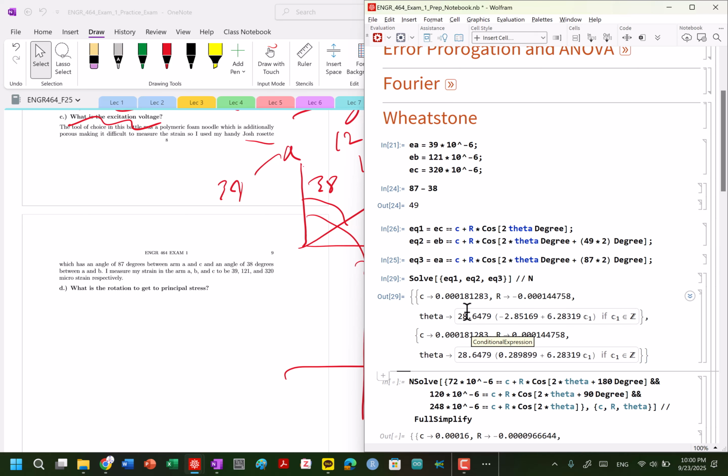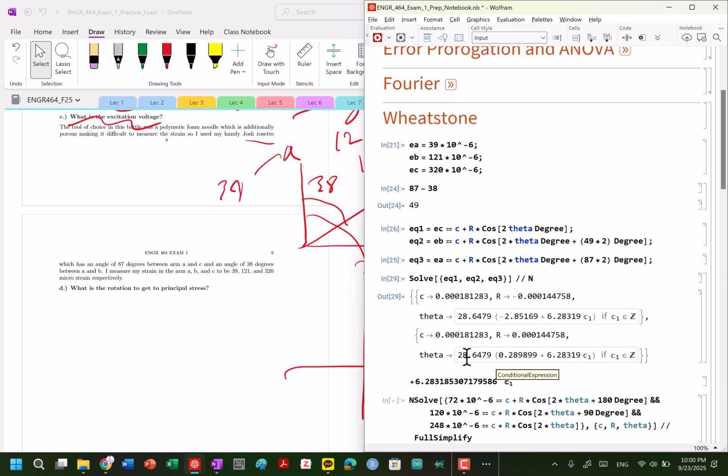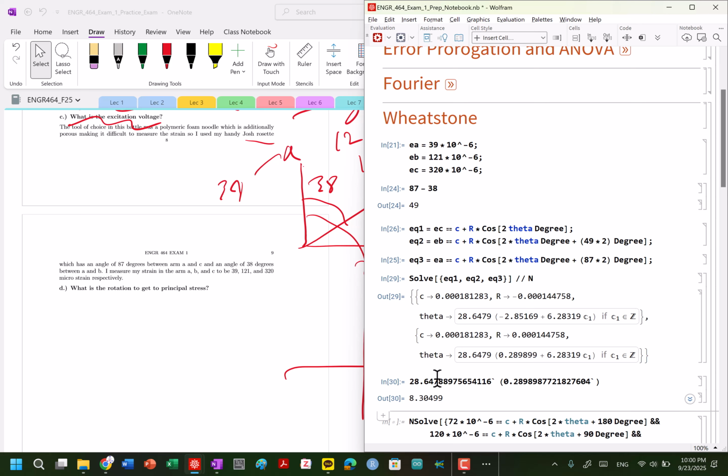So we can see here our center will be at this value, our radius is this, and then the angle here, at least in that first value, is going to be 8.3 degrees.